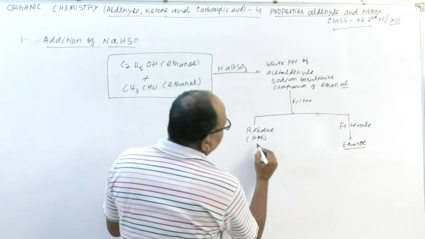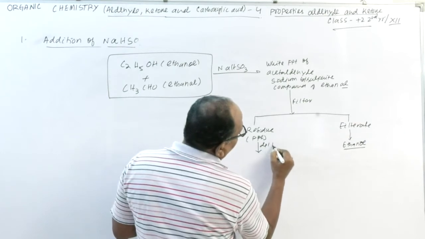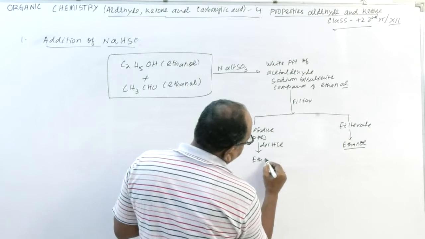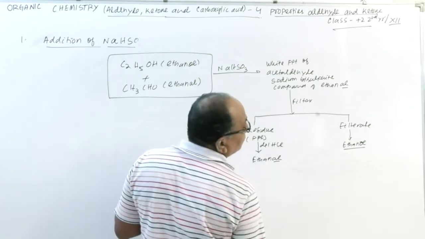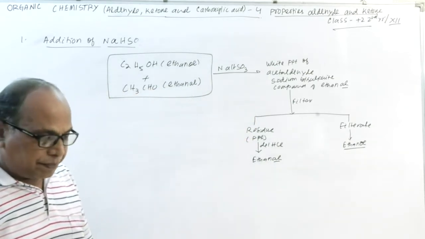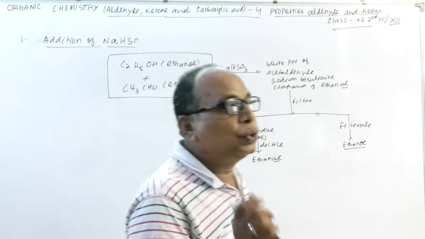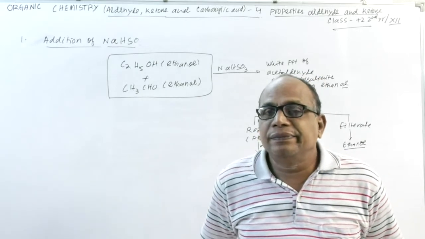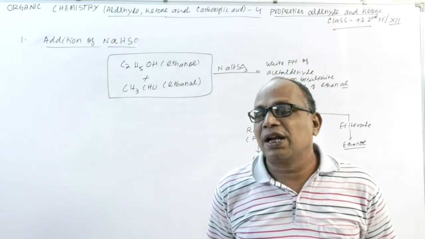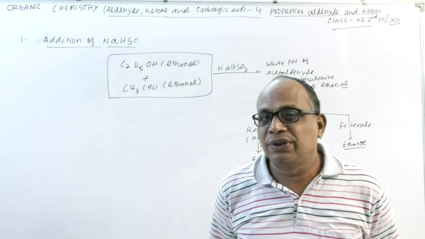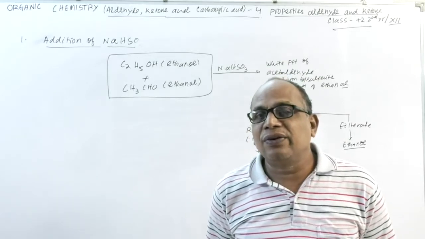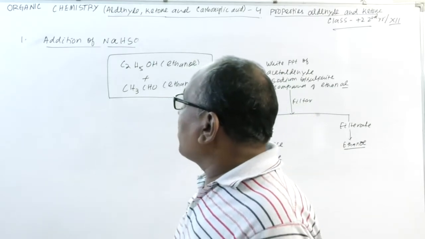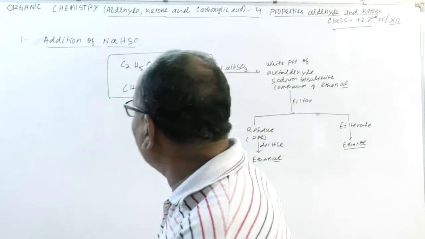Now the residue treated with dilute HCl gives the solution of ethanol. That's why sodium bisulfite compound is used for the identification and separation of carbonyl group compounds, particularly aldehyde and ketone. Okay, students, this is the addition reaction of sodium bisulfite.